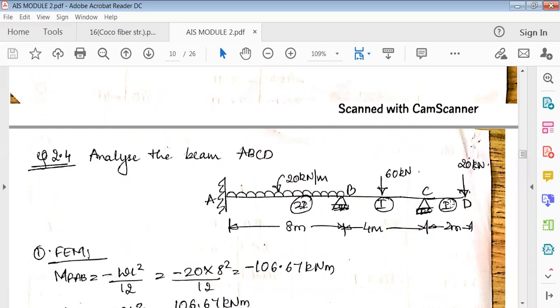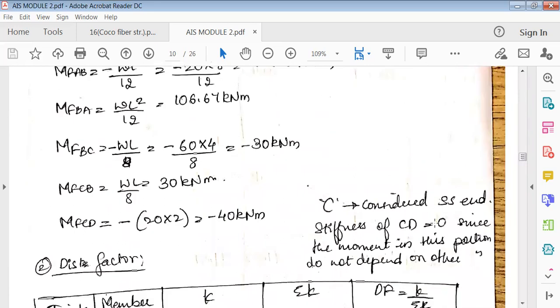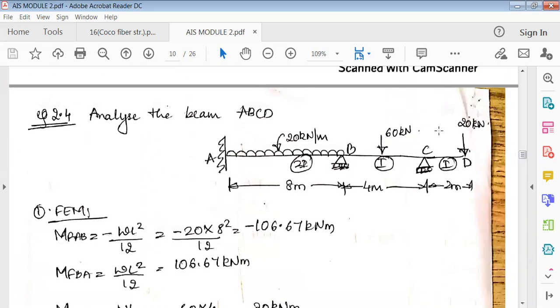C is considered a simply supported end, and the stiffness of CD is 0, since the moment in this portion does not depend on the other side. Whatever moment is applied here is wholly on CD itself because it is an overhang, so whatever extra moments are there are carried by C itself only.